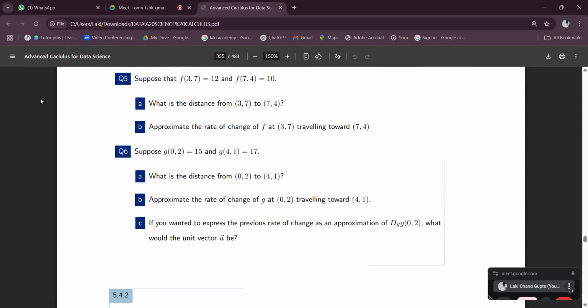See, suppose a function f at (3, 7) is 12. And suppose the same function at the point (7, 4) is 10. What is the distance between the two vectors?